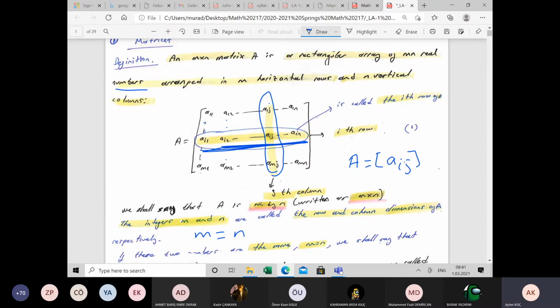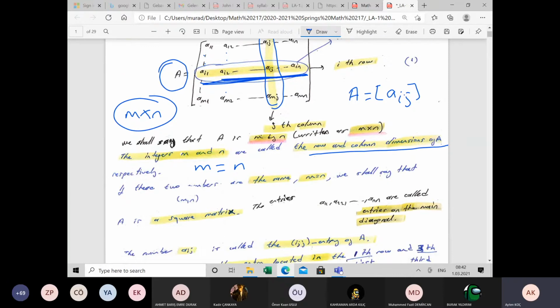The m and n are called the row and column dimensions of the matrix. So what is the dimension of this matrix? m by n. When m is equal to n, this matrix is called a square matrix.